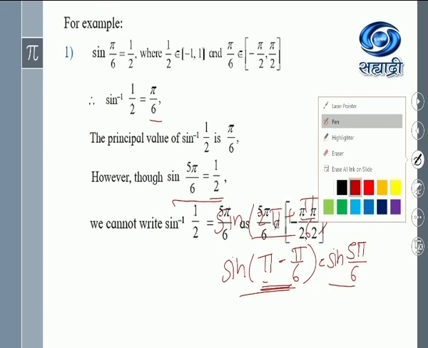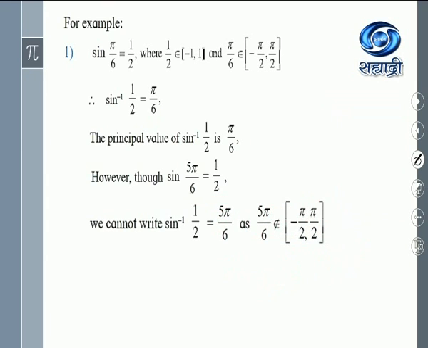Why? Because that value, 5 pi by 6, does not belong to the closed interval minus pi by 2 to pi by 2. Or you may consider 2 pi plus pi by 6. That value also does not belong to the interval minus pi by 2 to pi by 2. This is the closed interval. Okay.